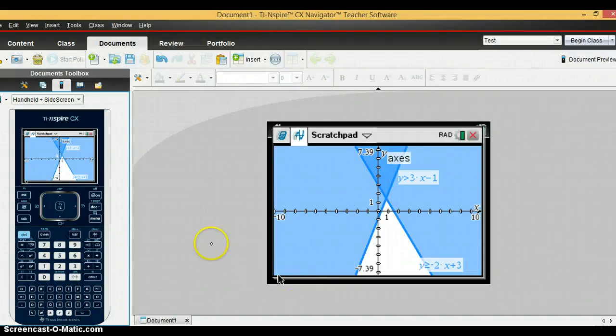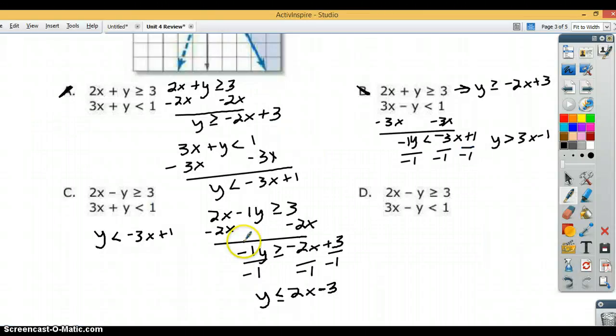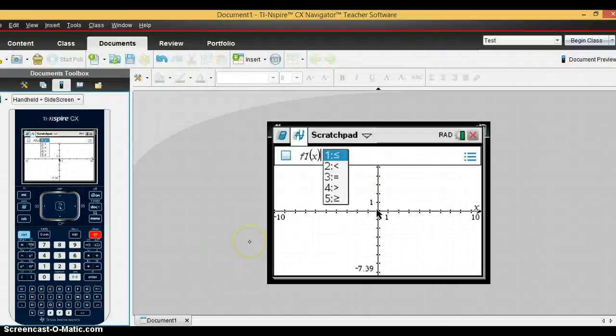Alright, so again, just clear everything. So tab. Now we have less than or equal to, which is 1, 2x minus 3, right? It's this one.